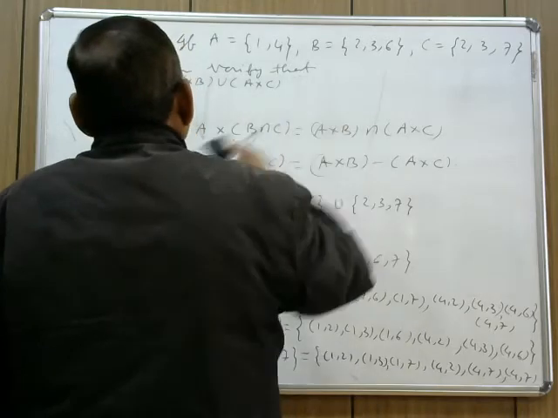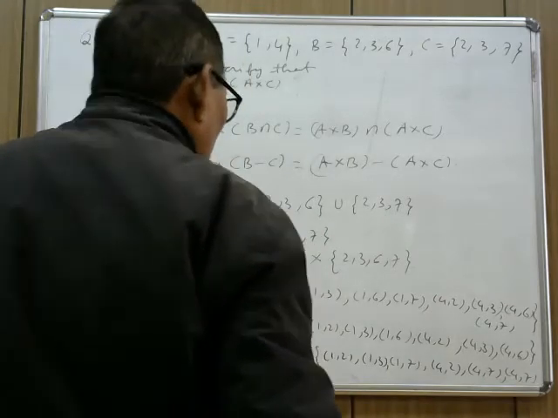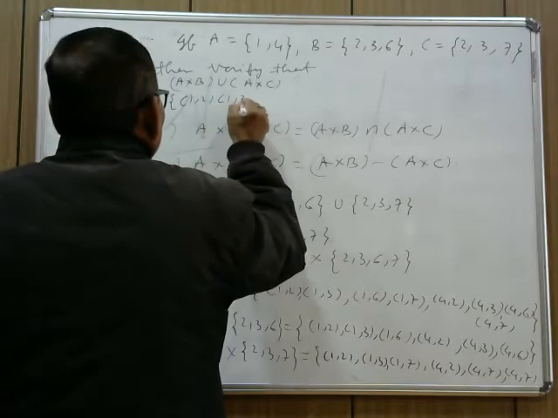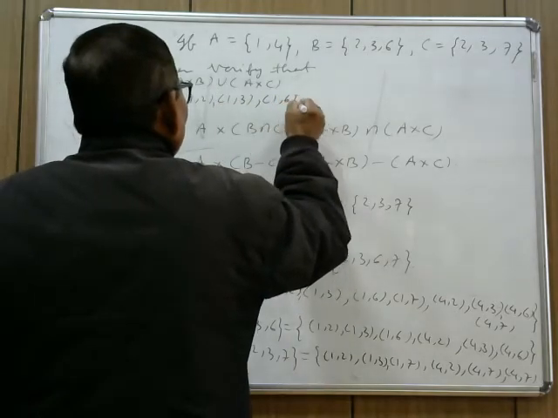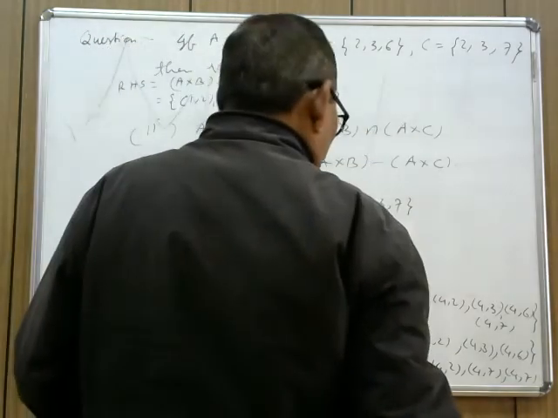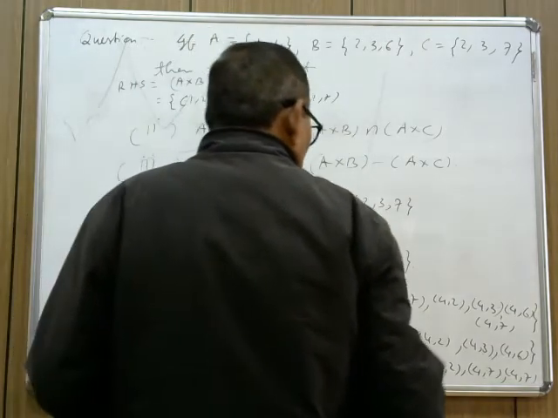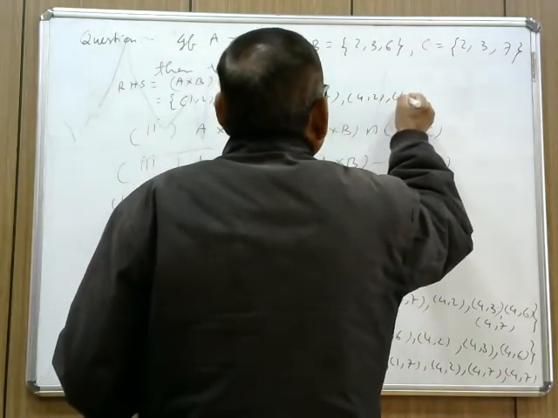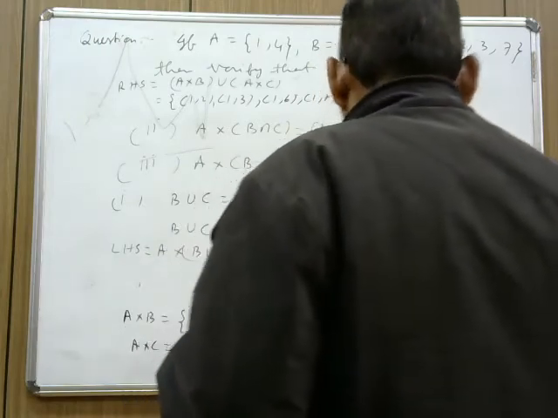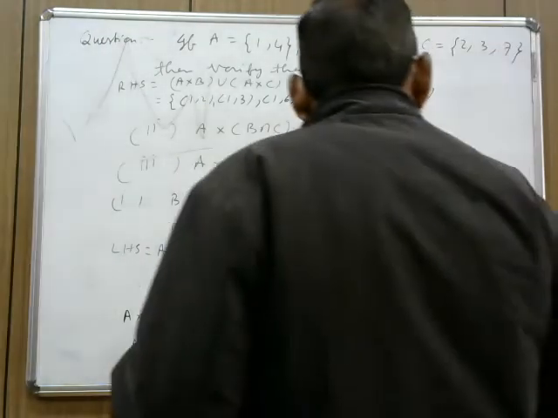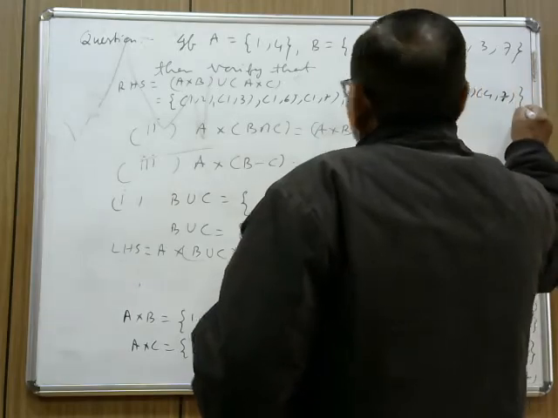When you write their union, you will get: (1,2), (1,3), (1,6), (1,7), (4,2), (4,3), (4,6) and (4,7). So that is the RHS.